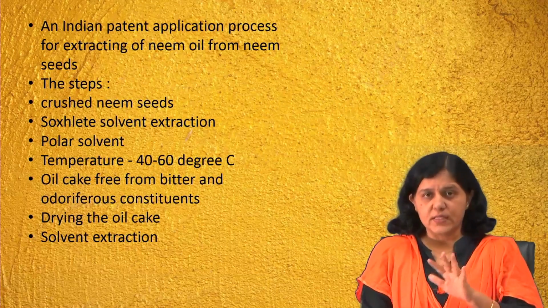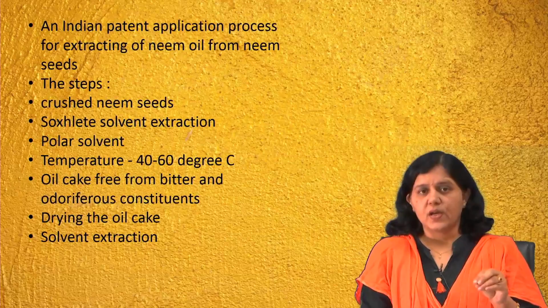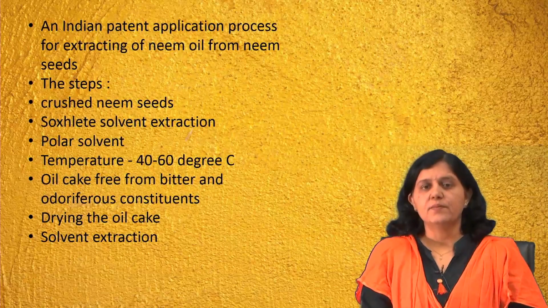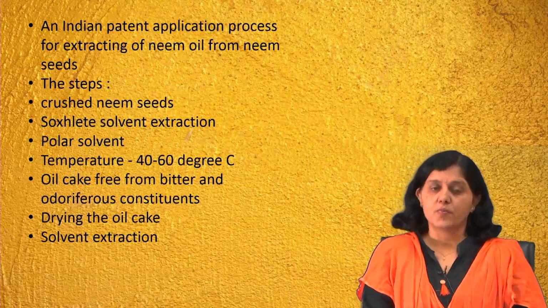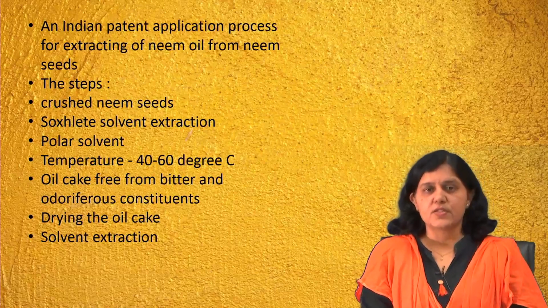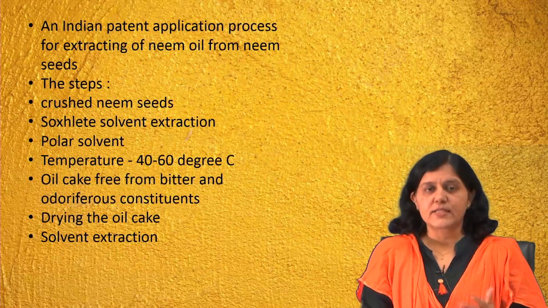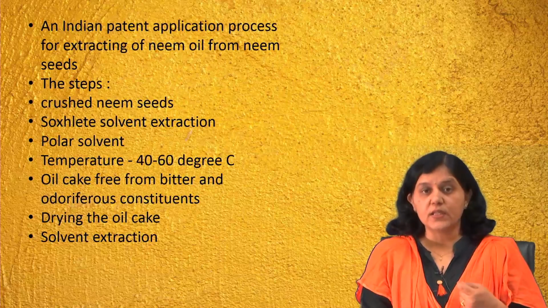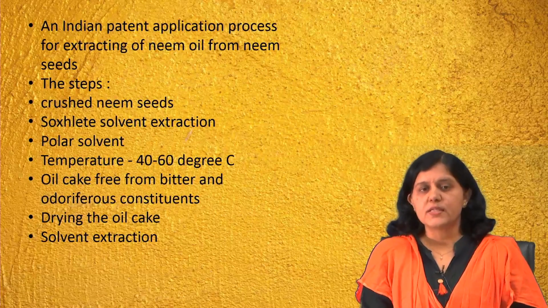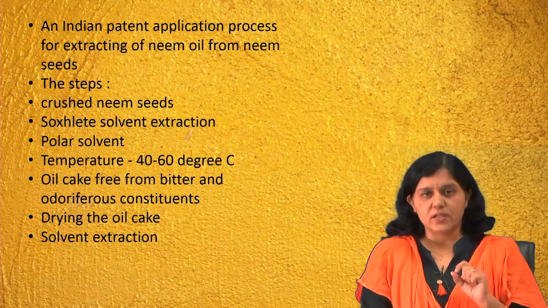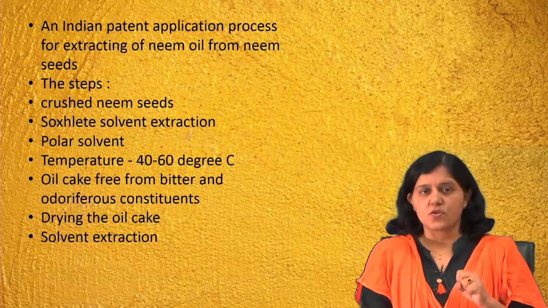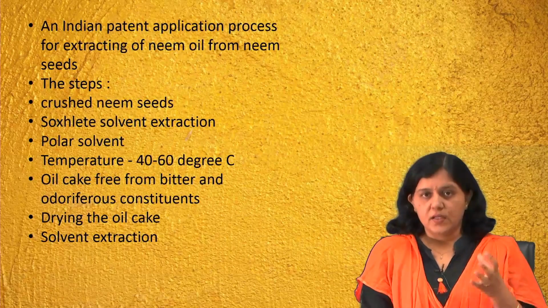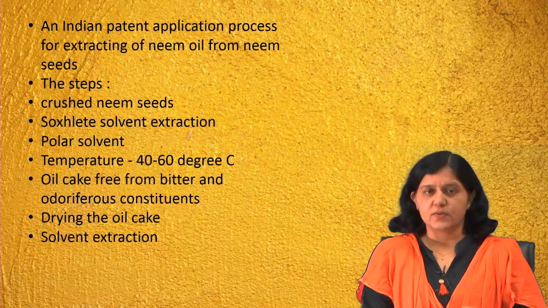We will just concentrate on this case where the patent was under opposition. This invention was related to a process for extracting neem oil from neem seeds. The process involves treating crushed seeds in a Soxhlet solvent extraction. A polar solvent is used in this process.